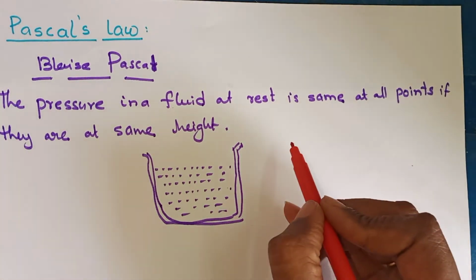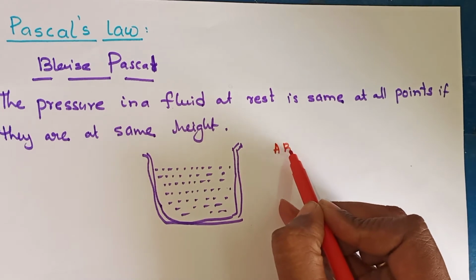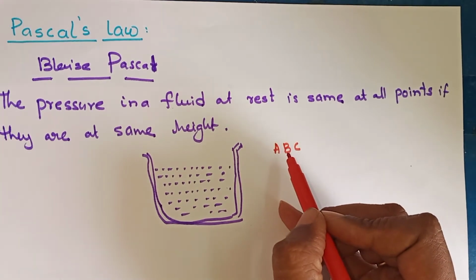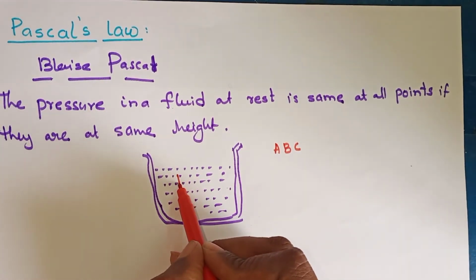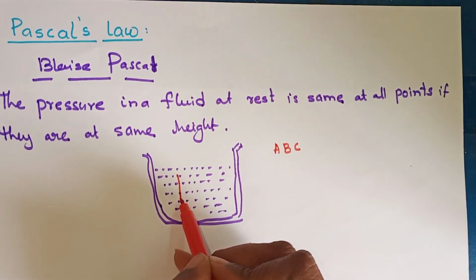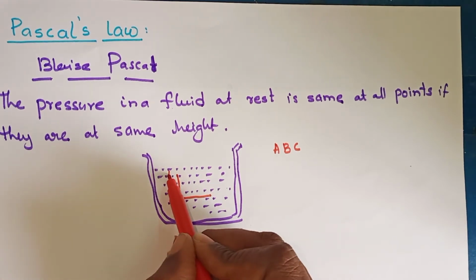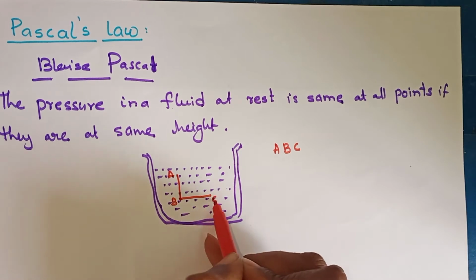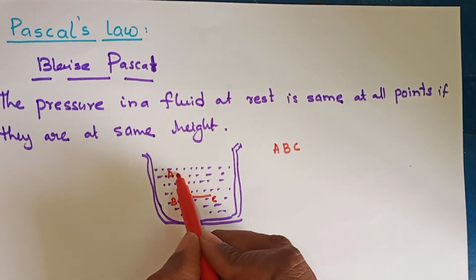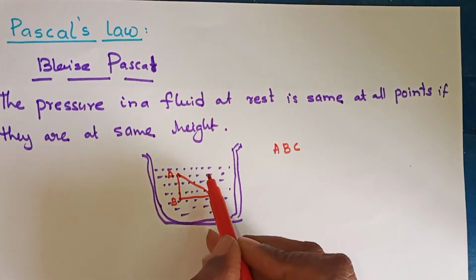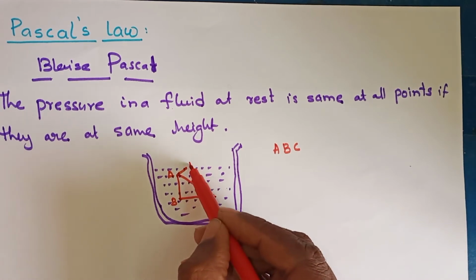In this we consider A, B, C as the element, and again D, E, F. Let's say this is horizontal, not vertical.